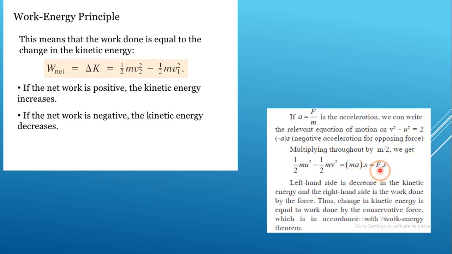Now ma is equal to F, so it is F dot S. So half m v square minus half m u square is equal to F dot S. So in this case, you can prove that net work done is equal to change in kinetic energy. Just go through that once within a minute.